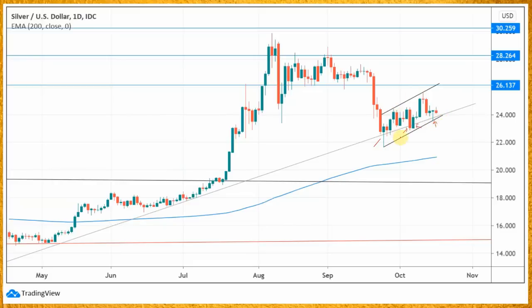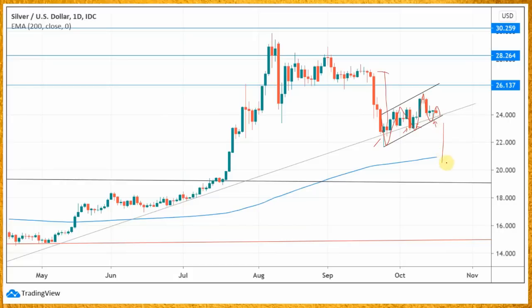The way I've drawn this channel is join these lows, clone the line, and join the highs, or vice versa. And again, price has bounced up and down here, and then we've got what looks like a partial rise before the coming decline. And again, I would expect a decline similar in magnitude to this one here.